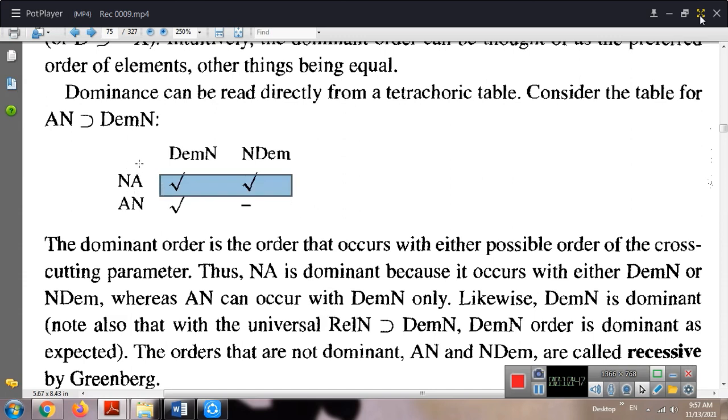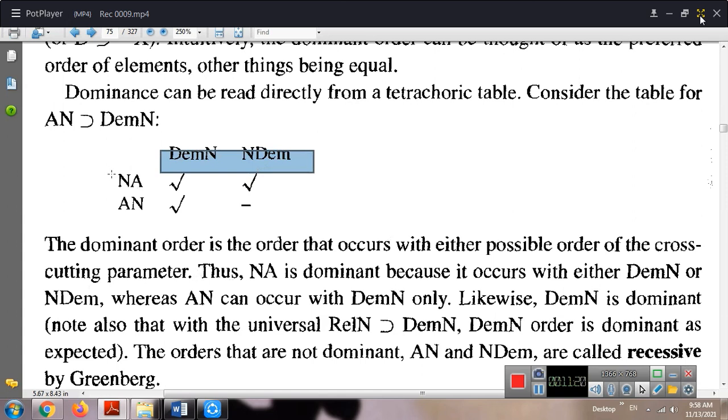Therefore, when in the tetrachoric table two options of that parameter are plus, that is dominant. Therefore, NA is dominant here because it comes with demonstrative noun and non-demonstrative. The dominant order is the order that occurs with both of these possible orders of the cross-cutting parameter.